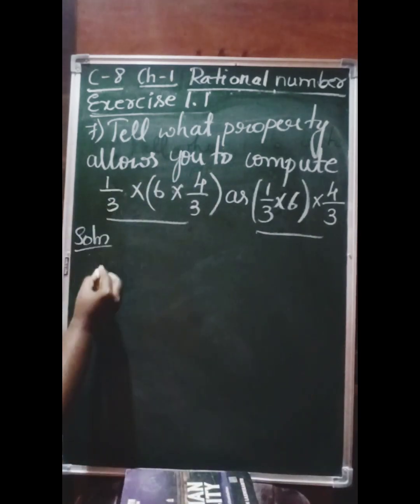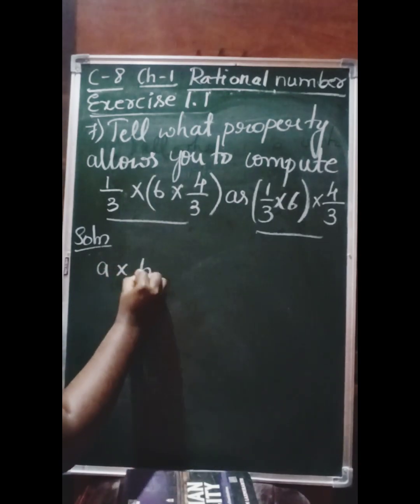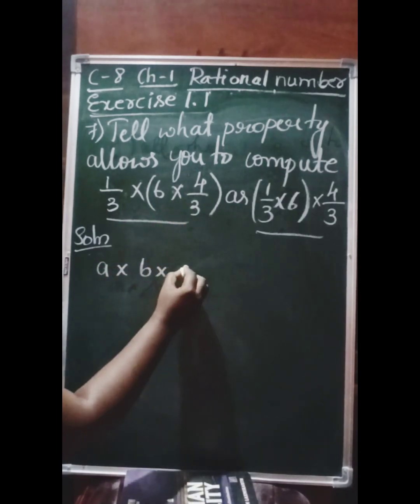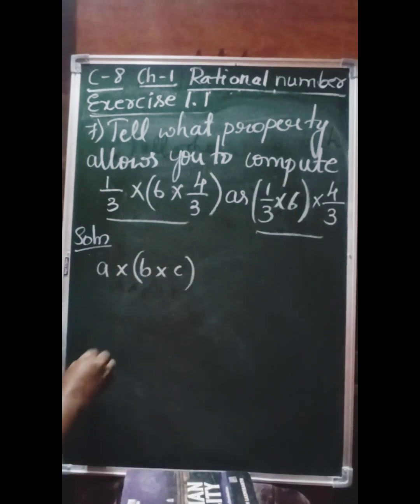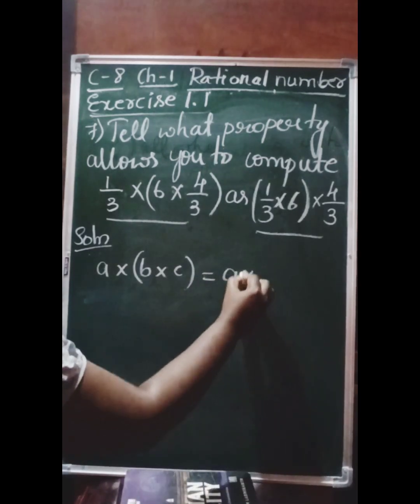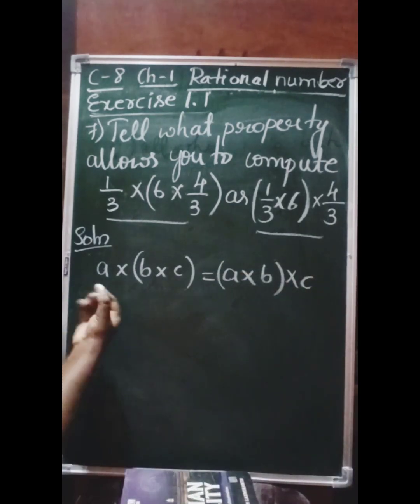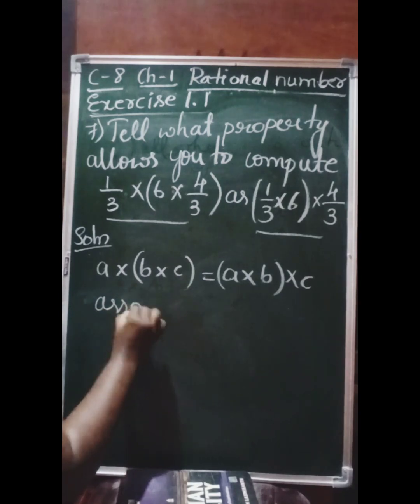Consider 1 by 3 as A, 6 as B, and 4 by 3 as C. As we know, this is the associative property of multiplication, right? So you can write it as A into B into C. Which type of property is this? Associative property of multiplication.